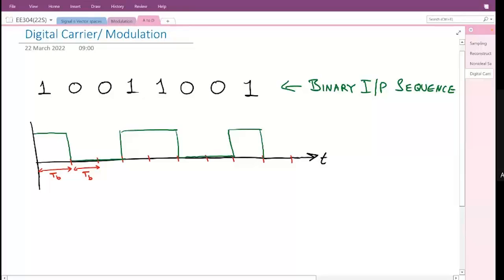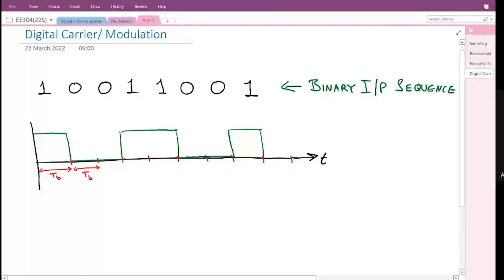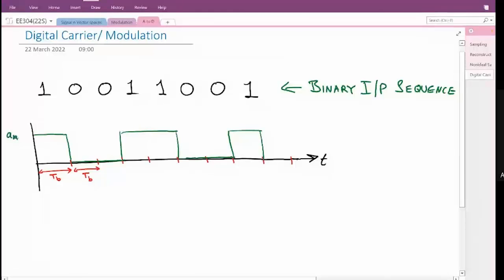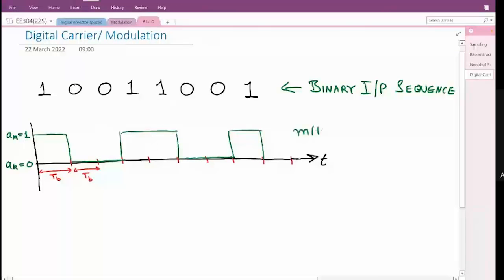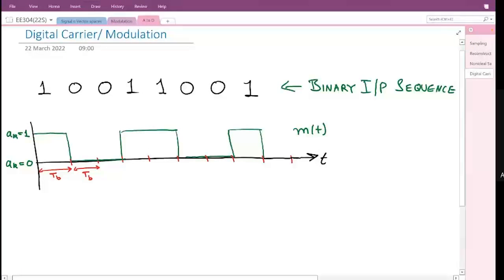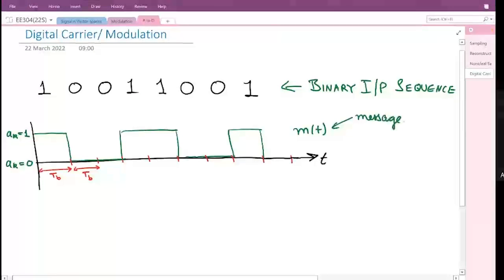So let these levels be a_k equals 1 and a_k equals 0, and this is our message signal m(t), the message signal or the modulating signal.